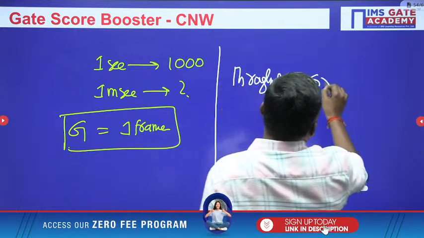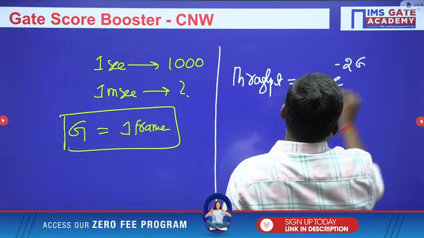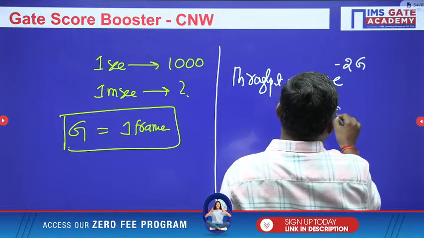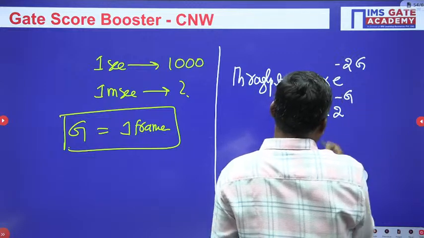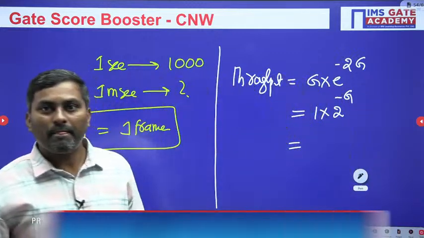Therefore, throughput will be G into e power minus 2G. This is nothing but 1 into e power minus 2. This value, how much is it coming?